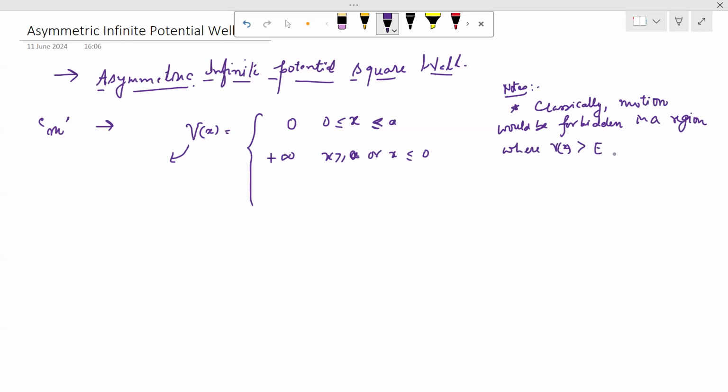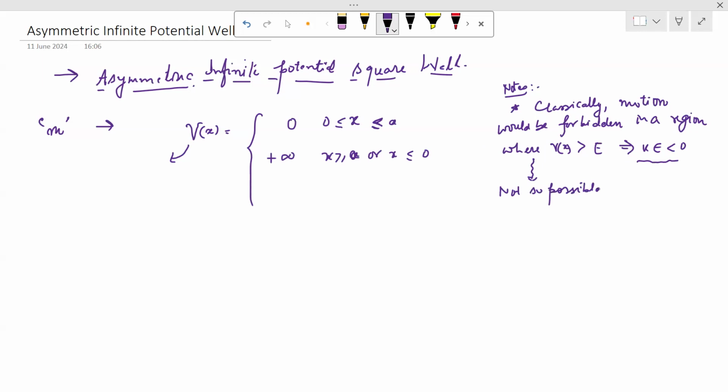Because if the potential is greater than the total energy, this will lead to negative kinetic energy, which is not possible in classical mechanics. But this kind of thing is not so in quantum mechanics.